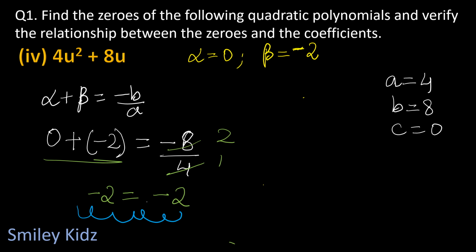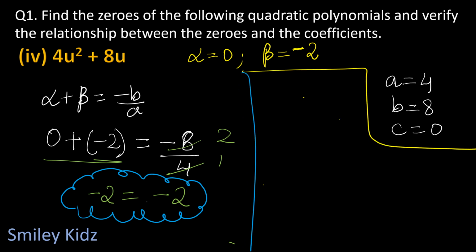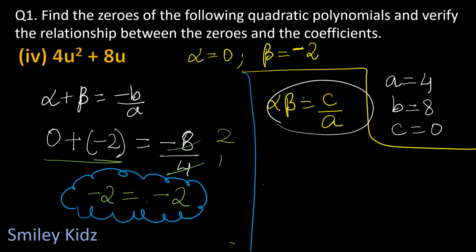Hence, this is how we have verified the relationship for the sum of the zeros. Now we're going to take a look at the product of the zeros. What is the product of zeros equal to? Alpha beta is equal to c by a. What is alpha? 0, and what is the value of beta?